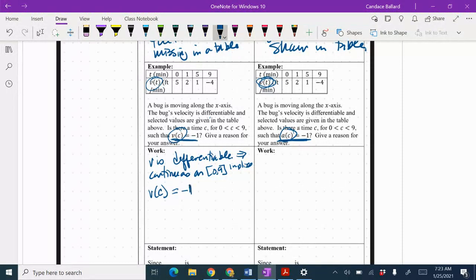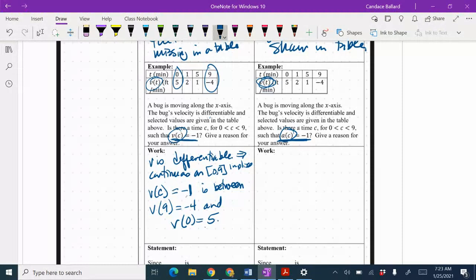So V of c equals -1 is between, so I have to look at where that is. This is the Y value. I know that -1 is going to be between these two values somewhere, because I've been given those endpoints. So -1 is between V of 9 equals -4 and V of 0 equals 5. So I definitely know that Y value is between there.